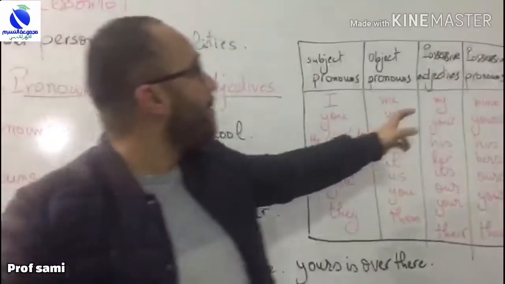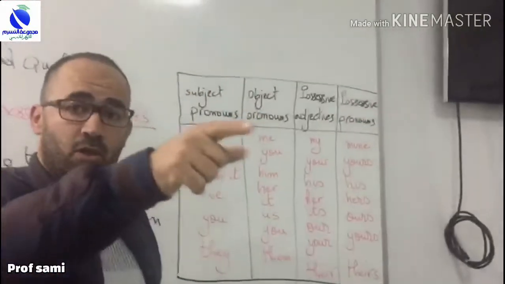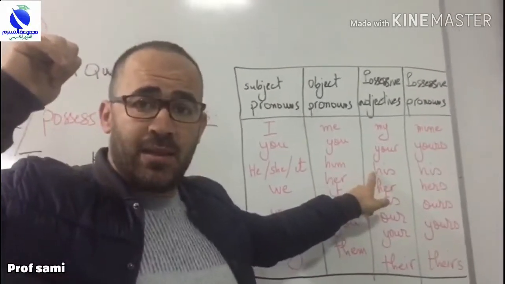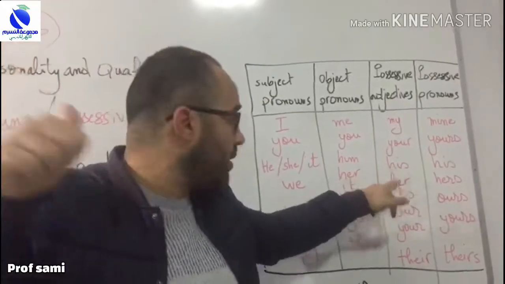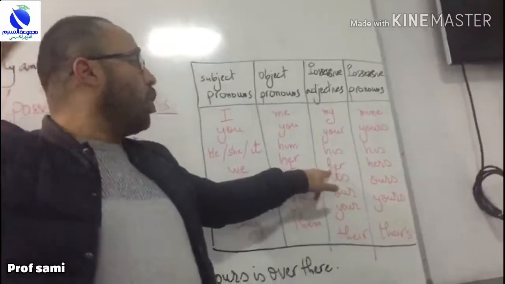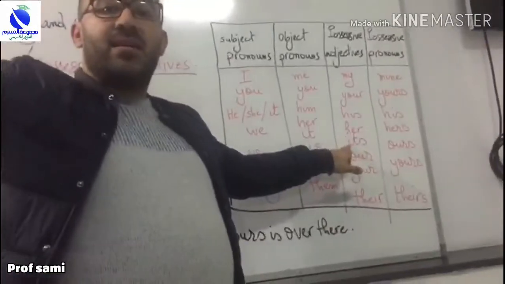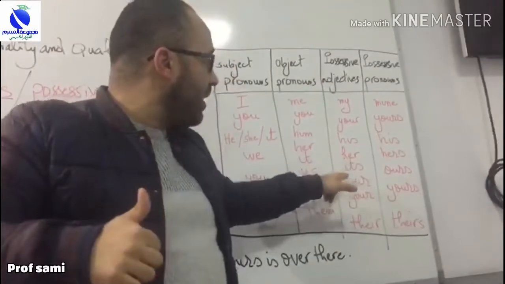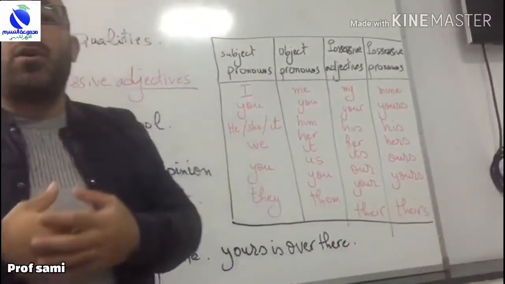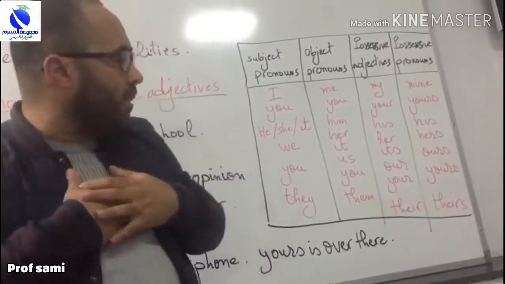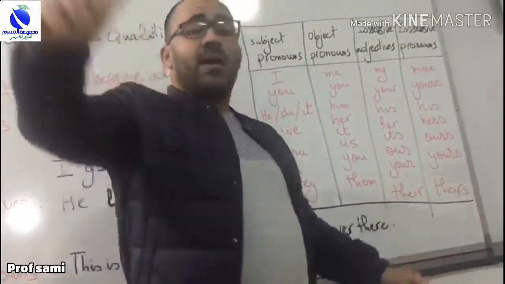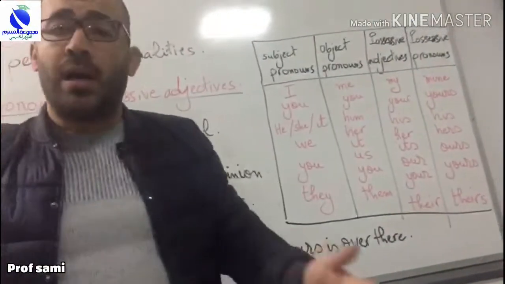So we say, my book, your book for someone who is in front of me, his book for male, okay, for men and boys, her for women and girls, her book, its, so there is no apostrophe here, for objects and animals, our for a group of people including me, your for a group of people in front of me, their for a group of people who are absent.